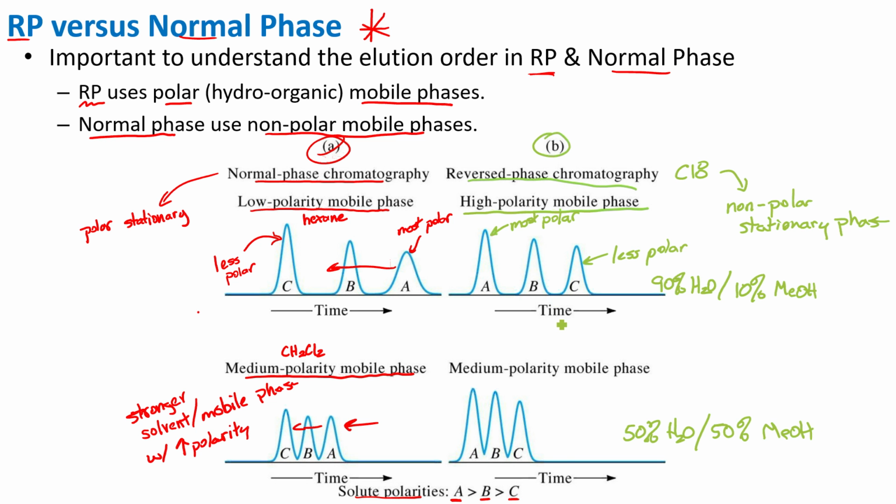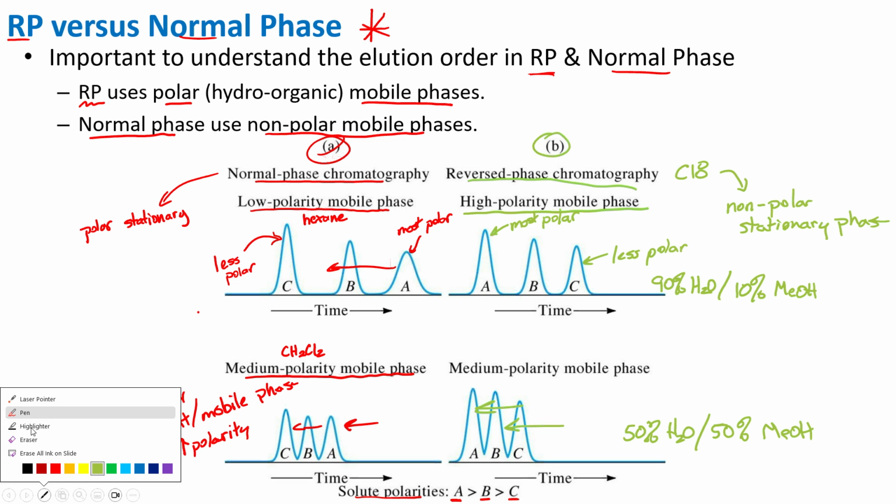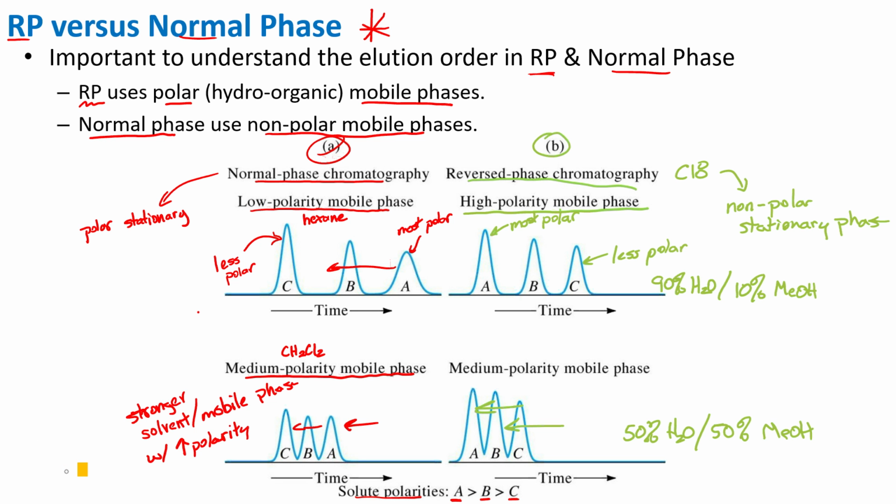That doesn't change the order, everything just comes off quicker. Okay, less retained. Now the big difference I want you to understand is that between the two techniques, the retention orders are reversed. In normal phase, it's C, B, A. In reverse phase, it's A, B, C. You're probably going to need to be able to predict that.